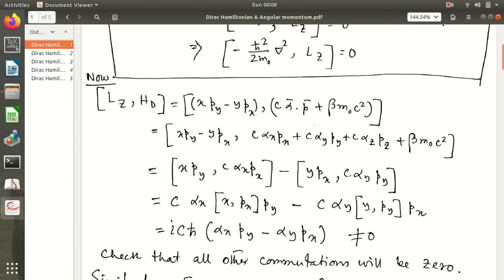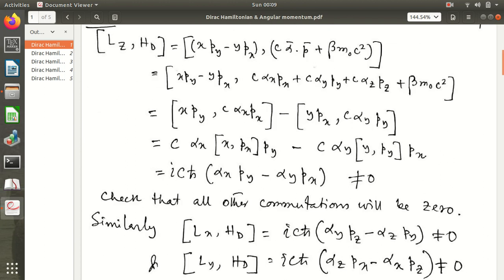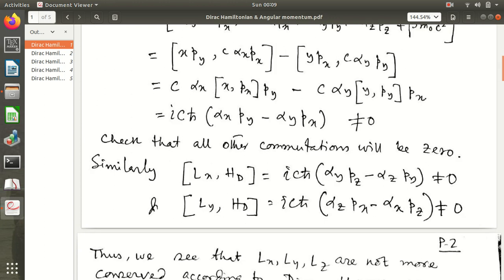You go on and check this expression, and now you expand it. You will find that the final expression is i c h-bar times alpha x py minus alpha y px, which is necessarily not equal to zero. Similarly, the Lx and Hd commutation will be a similar expression, where you just change x, y, z in a cyclic manner, and it will not be equal to zero.